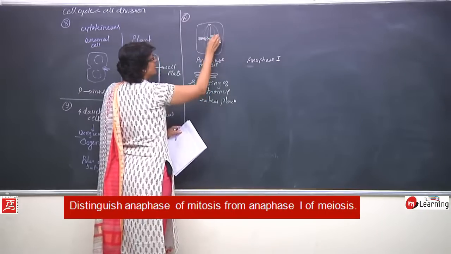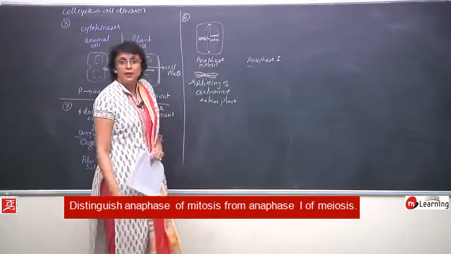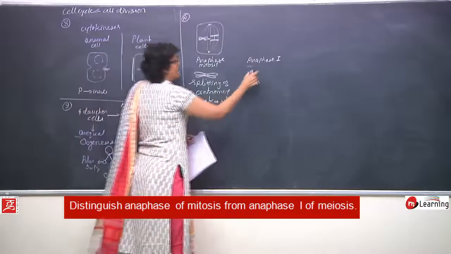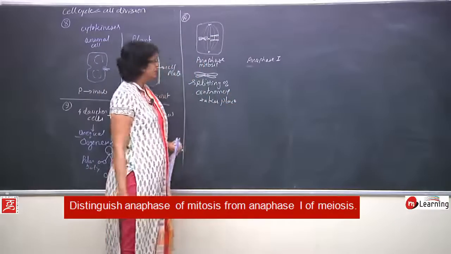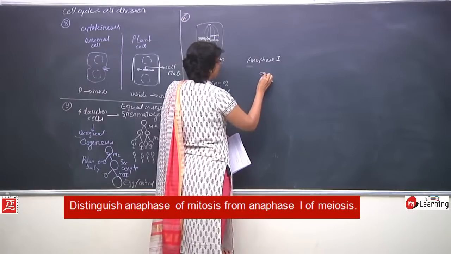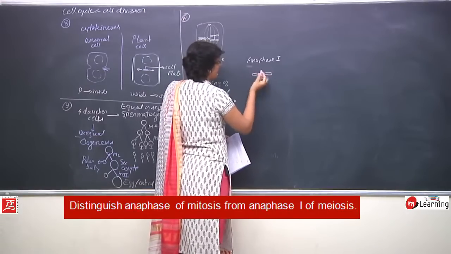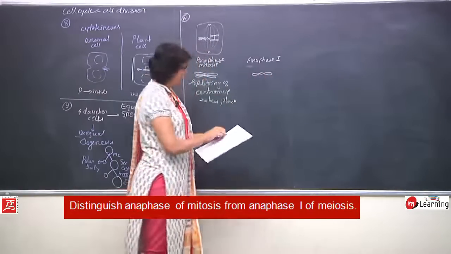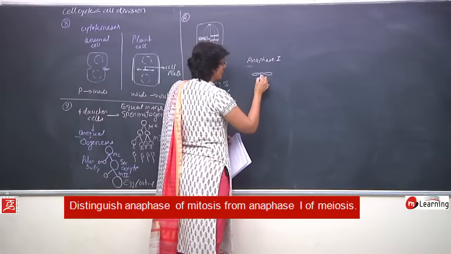That means this centromere has undergone splitting. In anaphase 1, the two chromosomes which are there, which arrange on the equatorial plane, they are the homologous chromosomes.